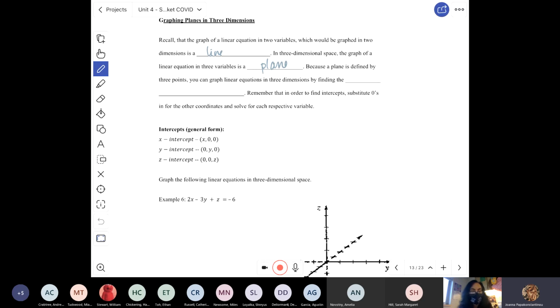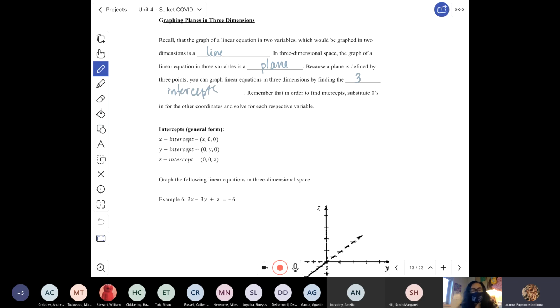A plane is defined by 3 points. Now, if you think back, if you were given a linear equation in 2 variables and asked to graph it, you could always find the intercepts. You can do the same thing by graphing a plane, a linear equation in 3 variables, by finding the 3 intercepts.